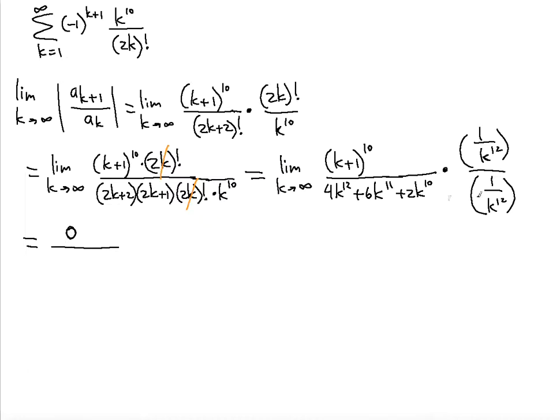And in the denominator, you're going to get 4 plus 0 plus 0. So 0 over 4, which is equal to 0. So the ratio test tells us that the limit is 0, which is less than 1. So if it's less than 1, then we have absolute convergence of the original series, dictated by the ratio test.